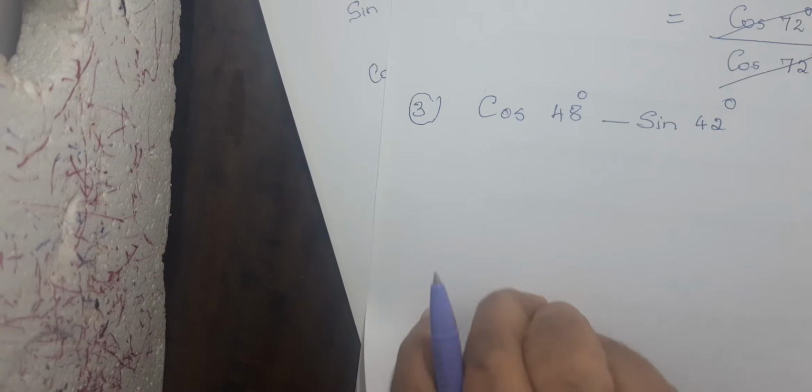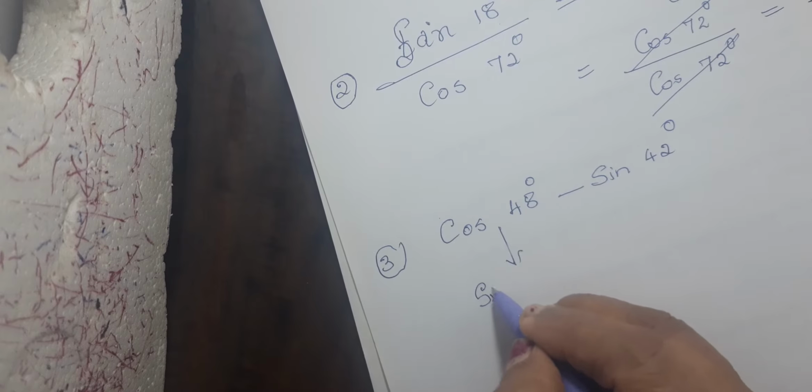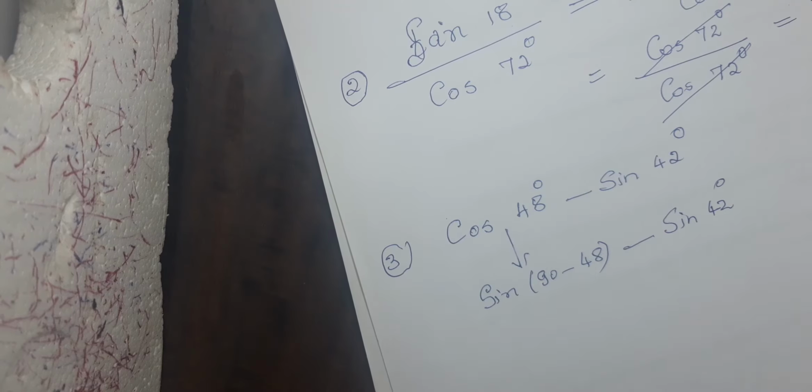There may be plus or minus, anything it can have. Any one you have to change, I told you. Either this or this, any one. Now cos 48 I will change. I will write it as sin of 90 minus 48 minus sin 42. I will keep it as it is.